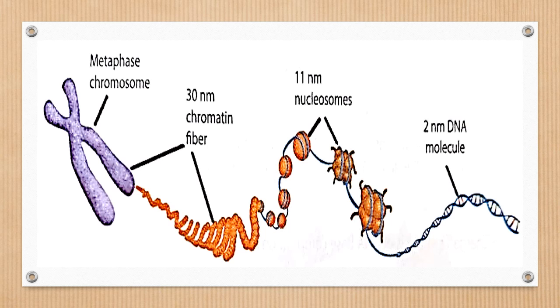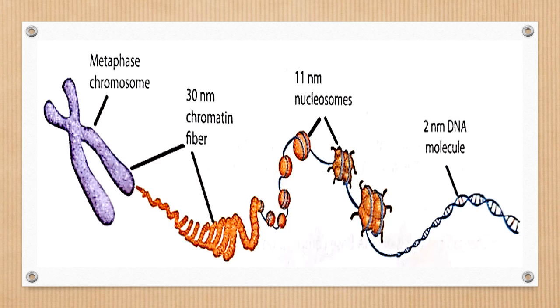So let's see the representation given in a diagram. DNA forms a nucleosome, solenoid, then chromatin fiber, chromatin, and chromosome.